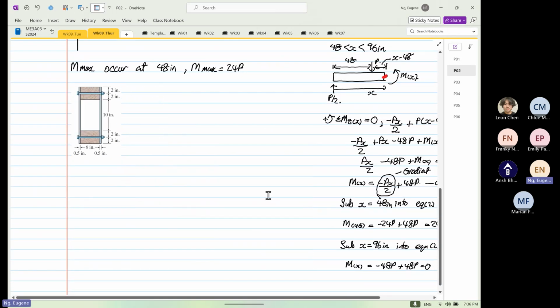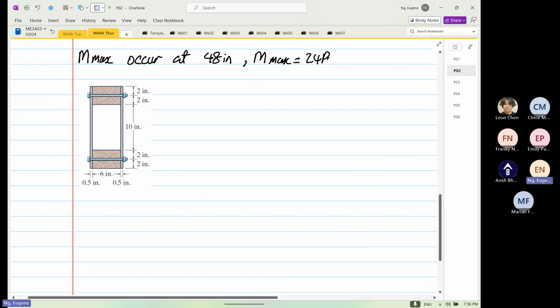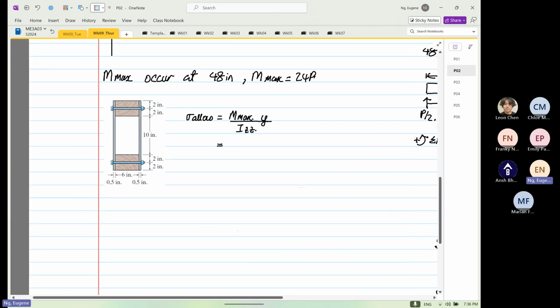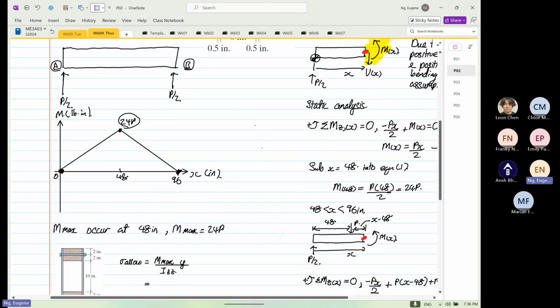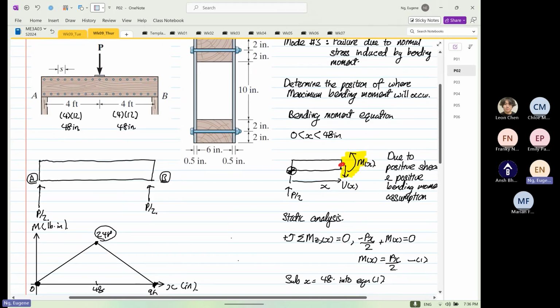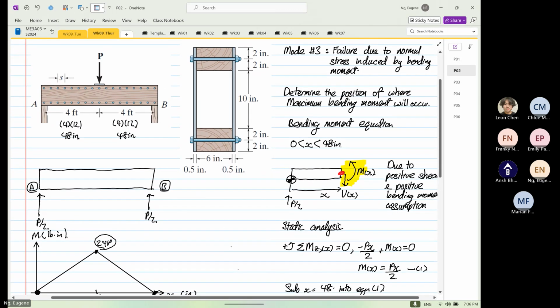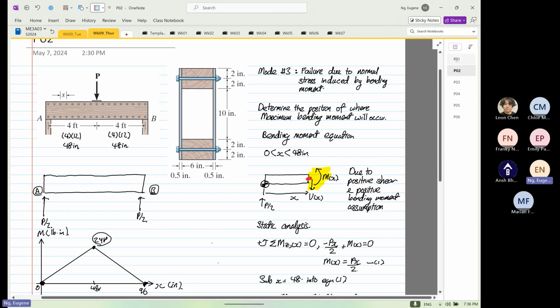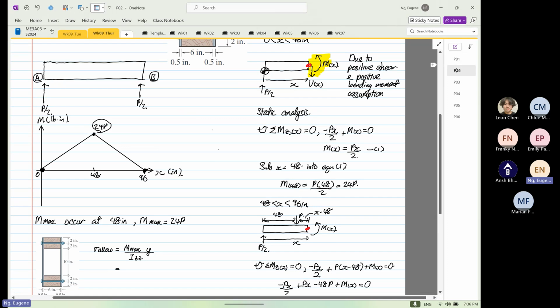So the equation we're going to use is stress allowable is equal to Mx multiplied by y over Izz. Okay. So the allowable is, I think, can't remember, sorry, 8,000.